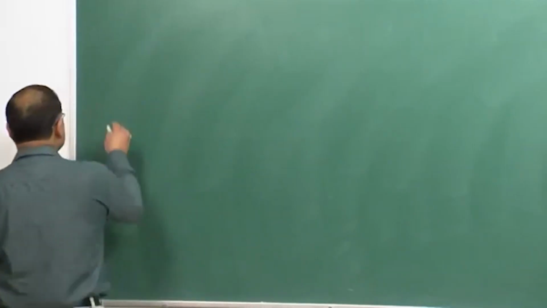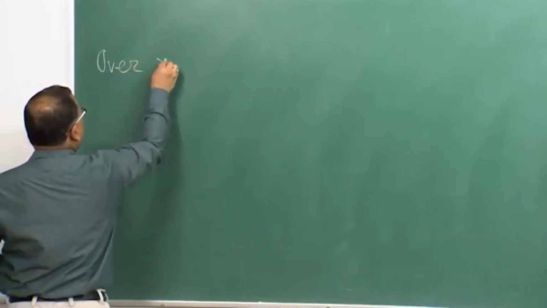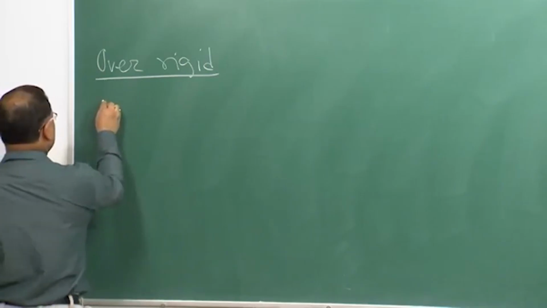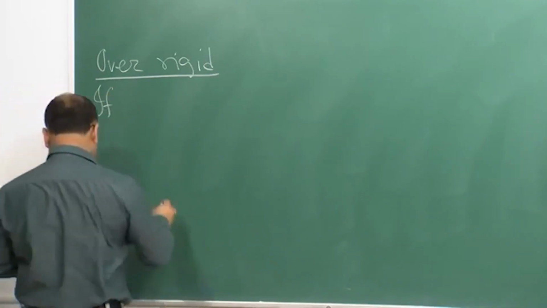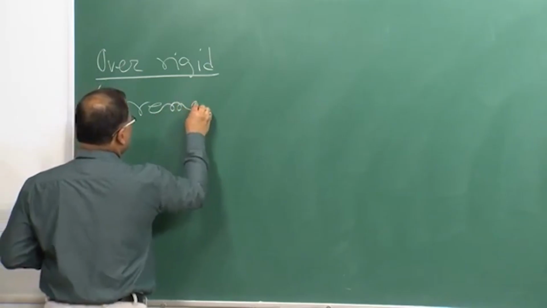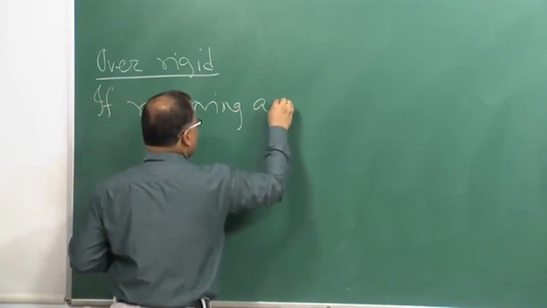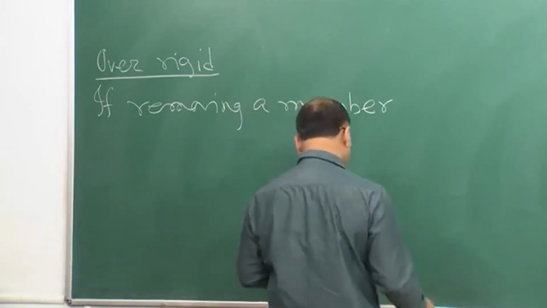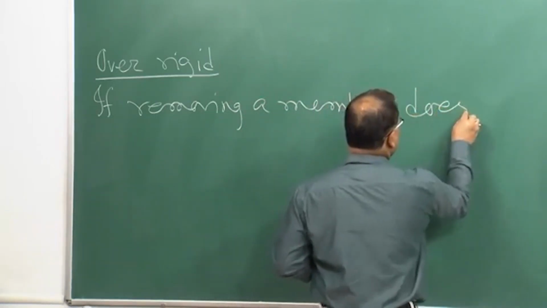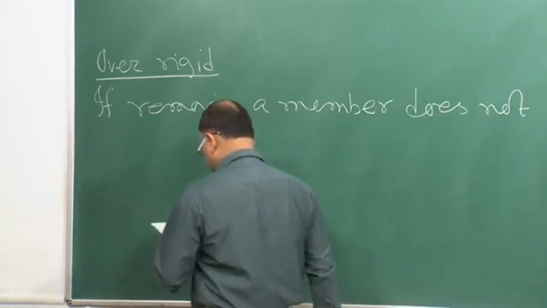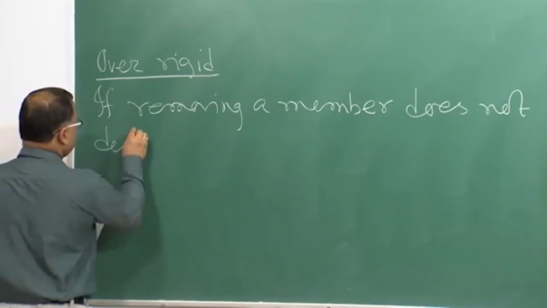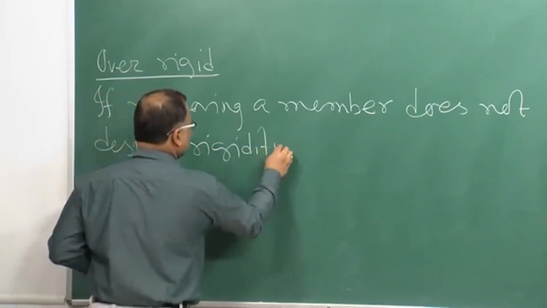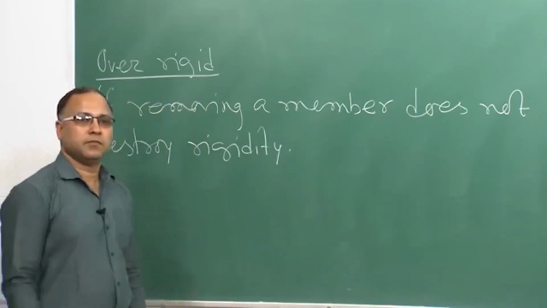Most of the time you will be getting an over rigid structure, where removing a member does not destroy rigidity.